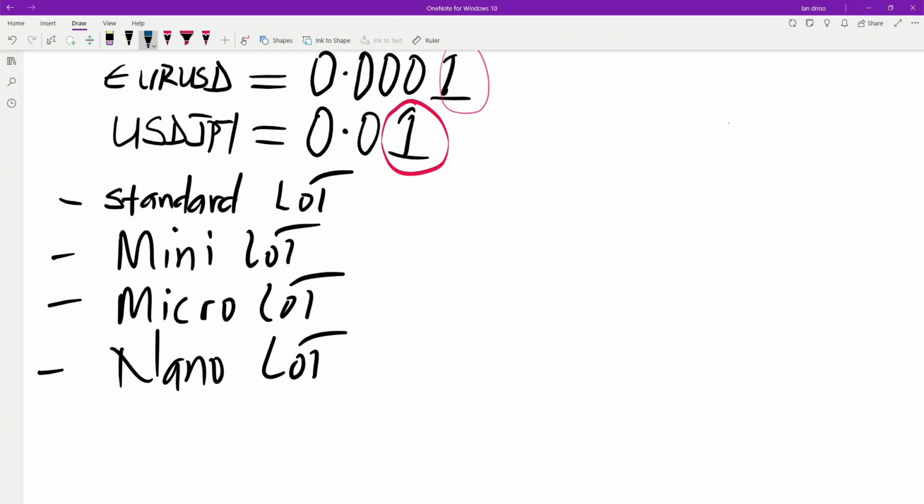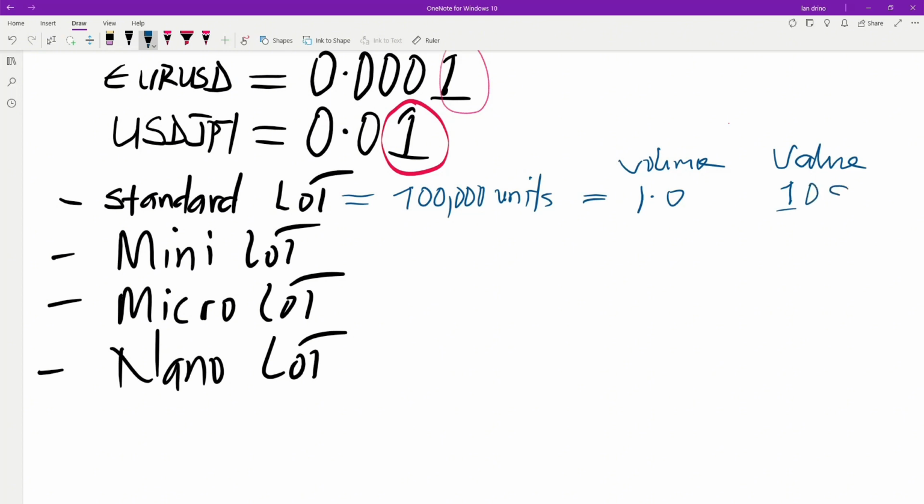Okay, and remember we also say that a standard lot is always equivalent to 100,000 units of base currency. And when you are trading a standard lot, you are controlling a volume of 1.0, and the value per PIP for a standard account is always equivalent to 10 United States dollars if you are trading the United States dollars.